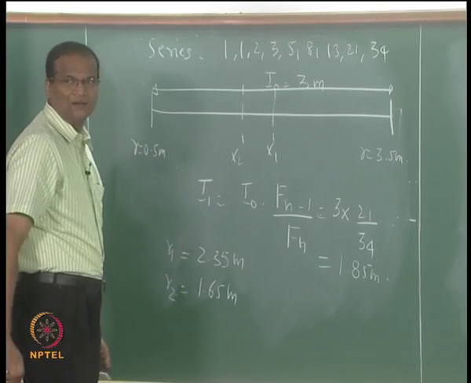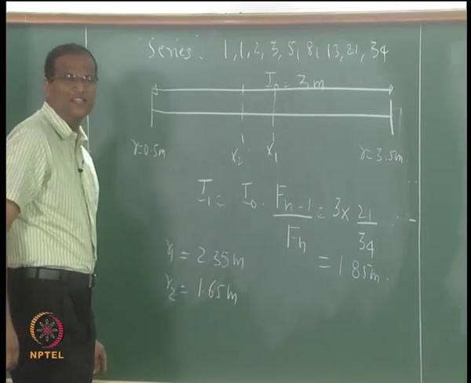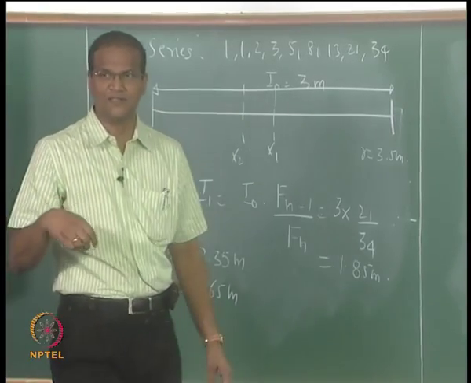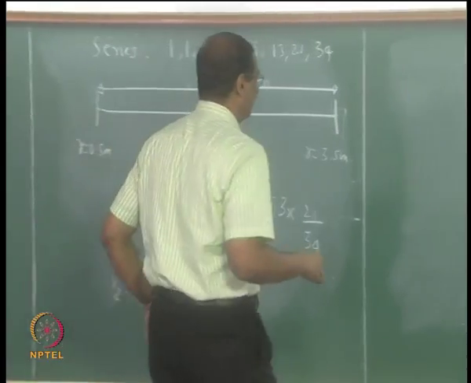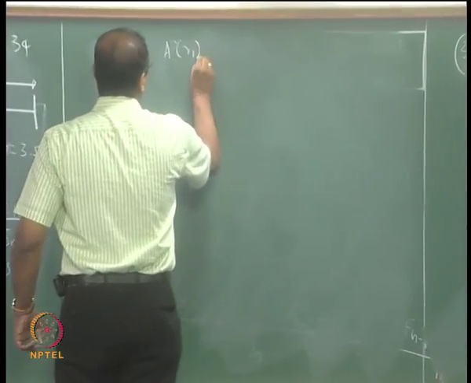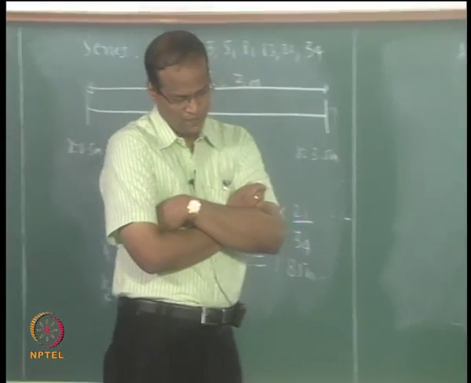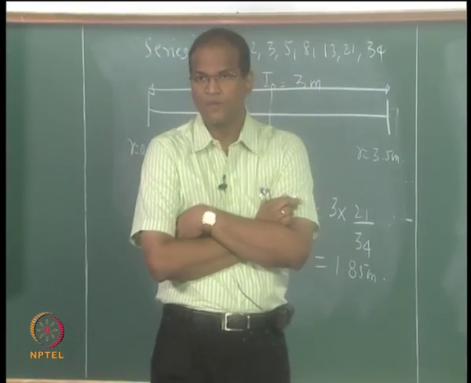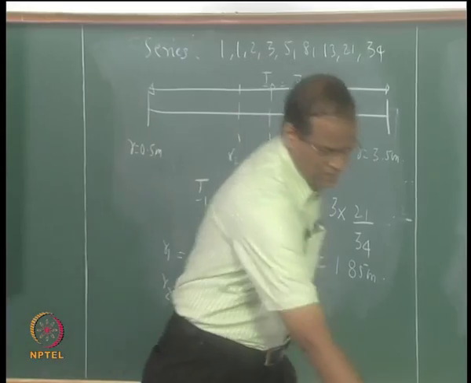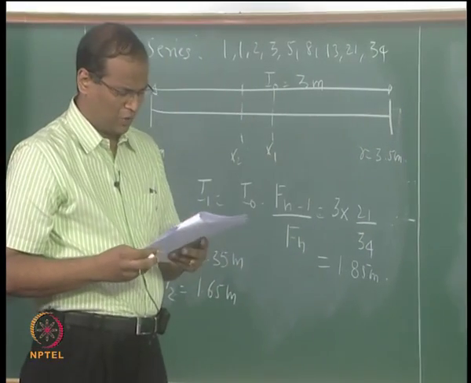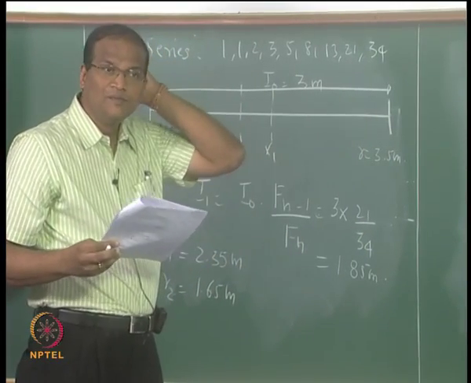It's not x, it's r, or you should change the radius itself to x in the first place. So we will stick to r1, A of r1. I have the solution with me, but I want you to solve along with me.